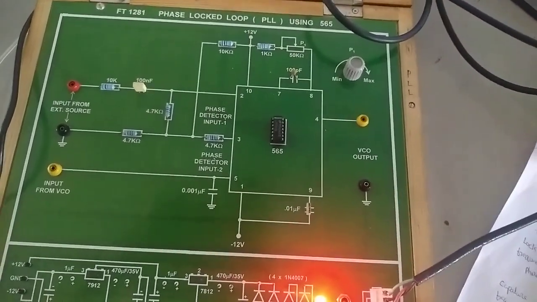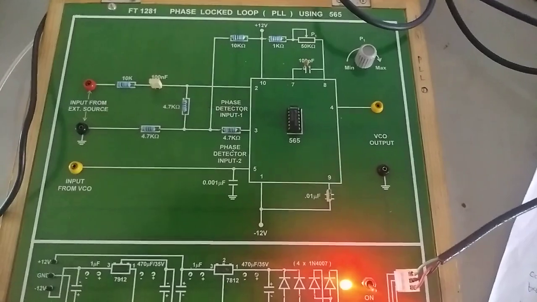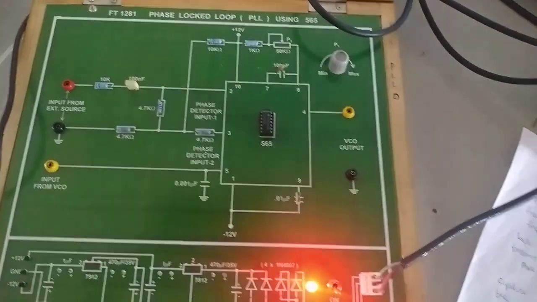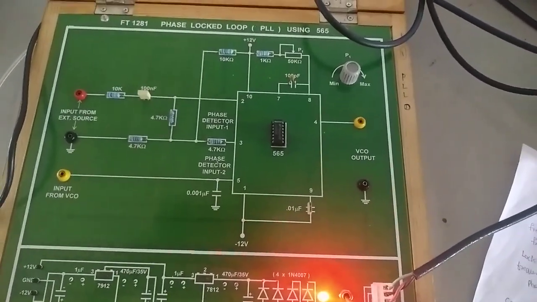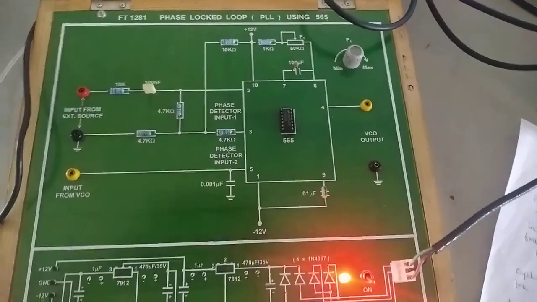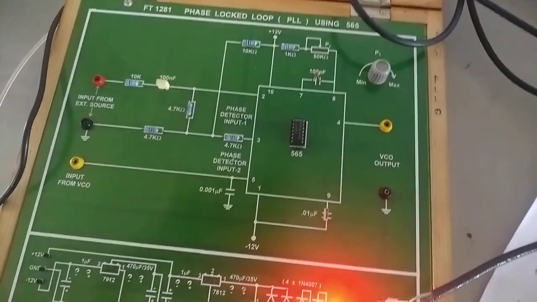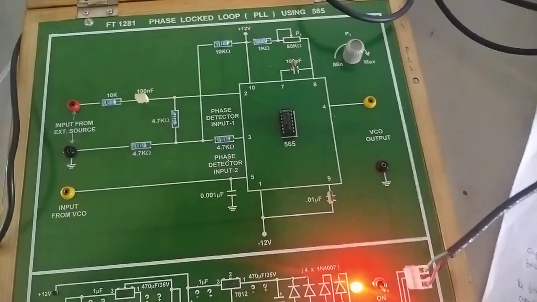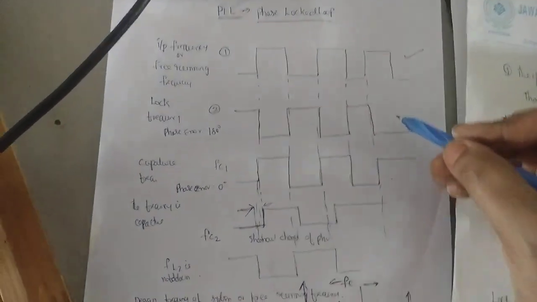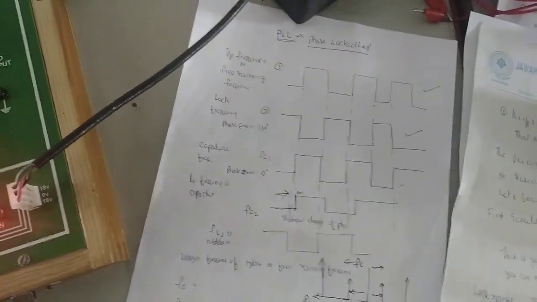Before going to the experiment, there are three important terms: free running frequency, capture range, and lock range.